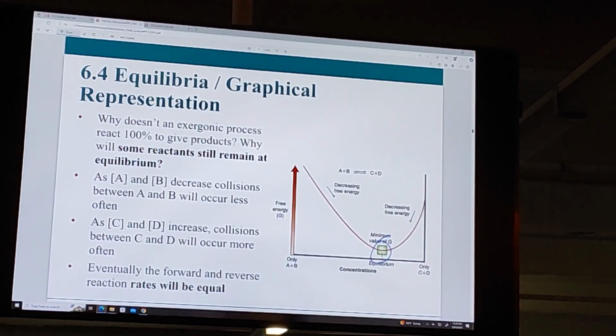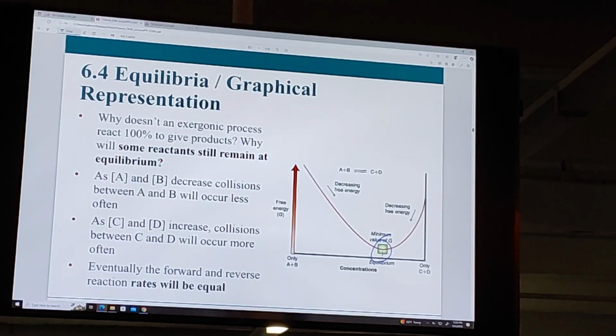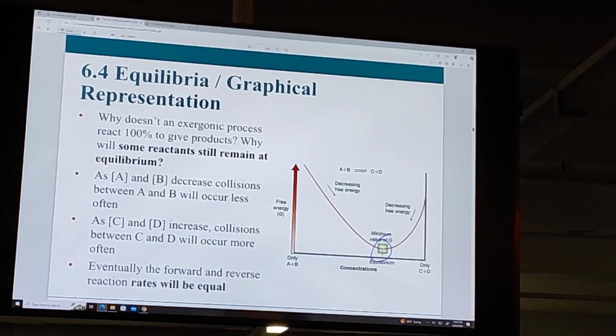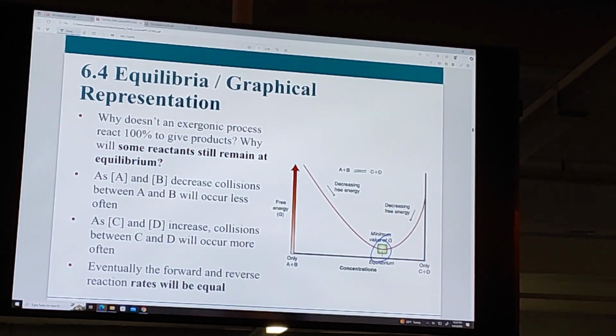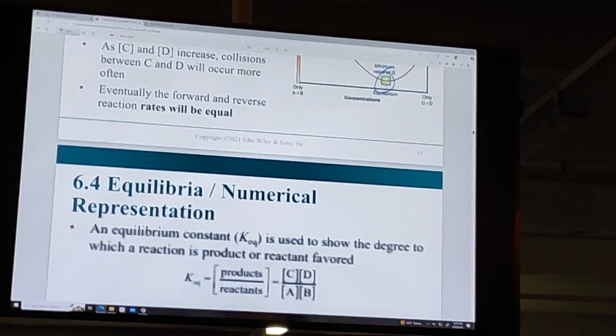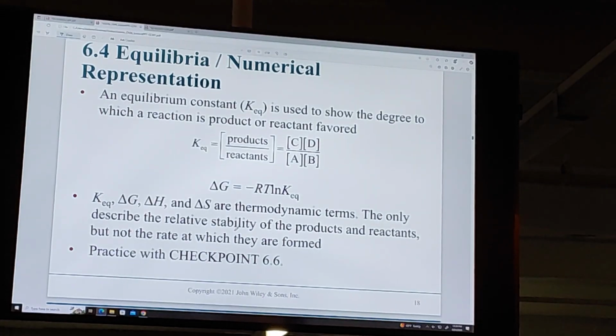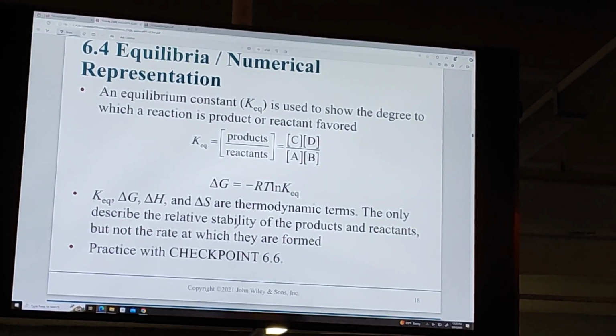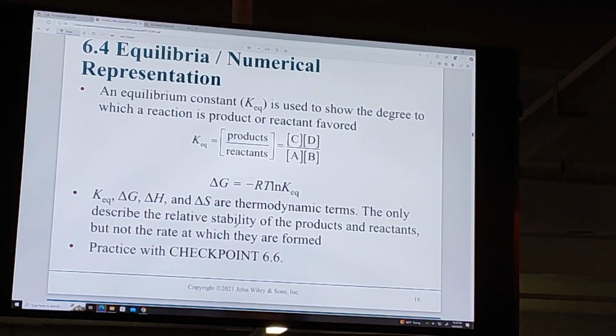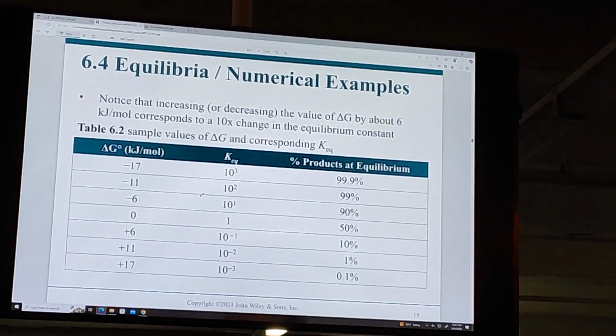So if you have 10 moles of products and 20 moles of reactants, even though the reactants go to products and back to reactants, any time you stop the reaction and measure, it's going to be 10 and 20, and that's what equilibrium is. We measure equilibrium by the equilibrium constant, which is products divided by reactants raised to their stoichiometric coefficients, which most of you learned in Gen Chem 2, not really that significant for us. As a matter of fact, most organic reactions are not equilibrium reactions.